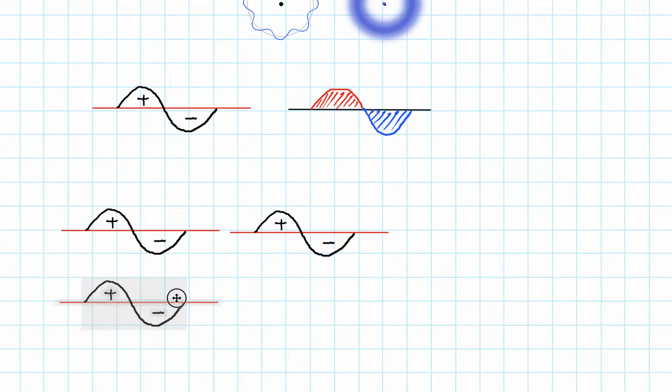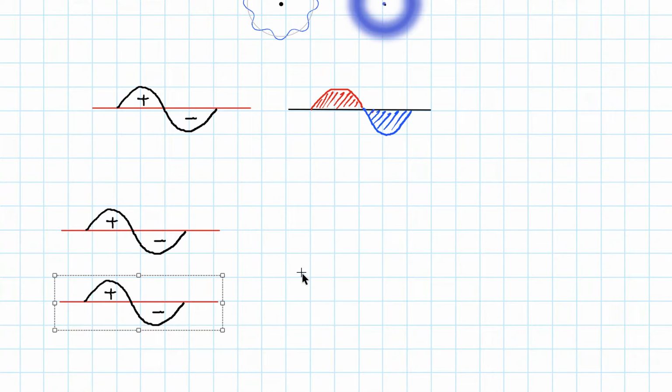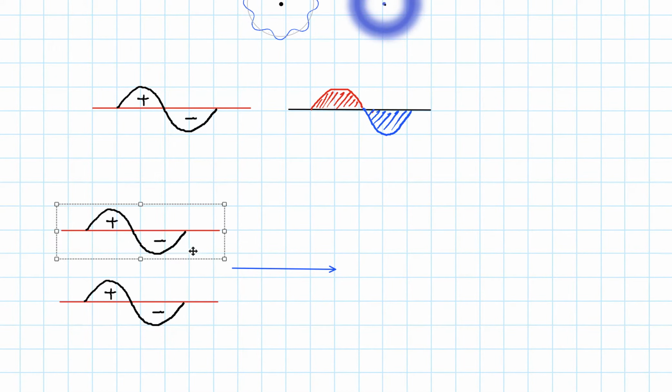How do the waves combine together? There are two ways. One is that they combine while in similar phases, reinforcing each other, positive with positive and negative with negative. The other is that the positive comes in front of the negative. Let's see what the result is when these two waves overlap with each other.